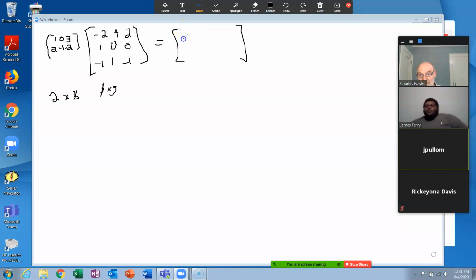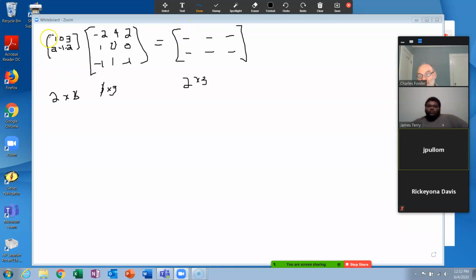Ricky, you don't have to do this, I just found it helpful for myself to put blanks in there, 2 rows and 3 columns, so I'll know where I'm trying to do things. Your answer has got to be a 2 by 3. Then I go to the first entry, first row, first column.